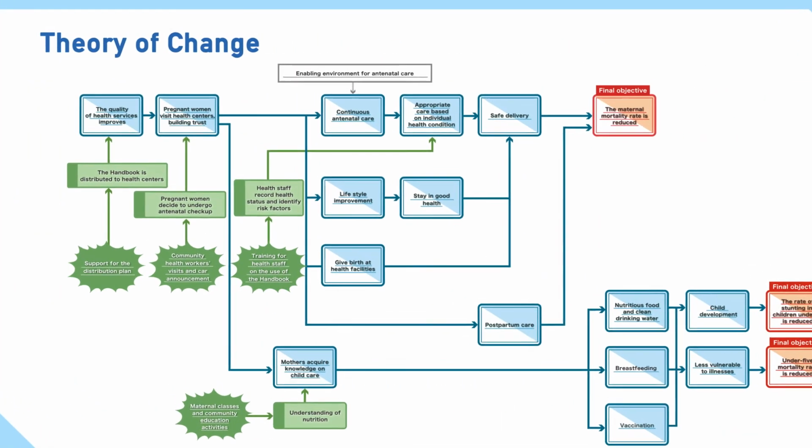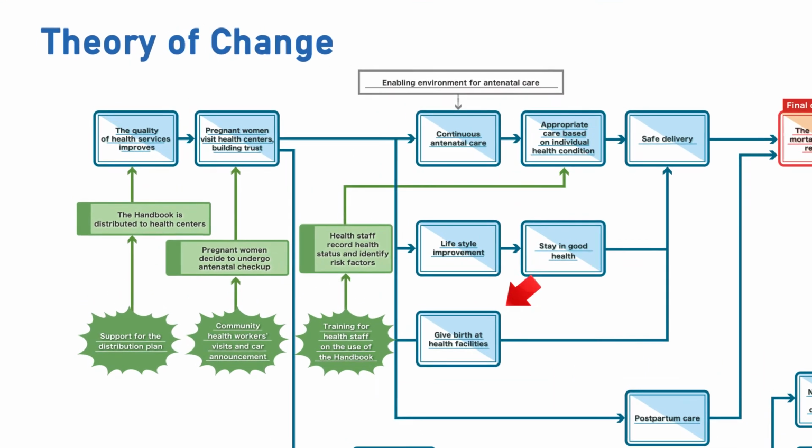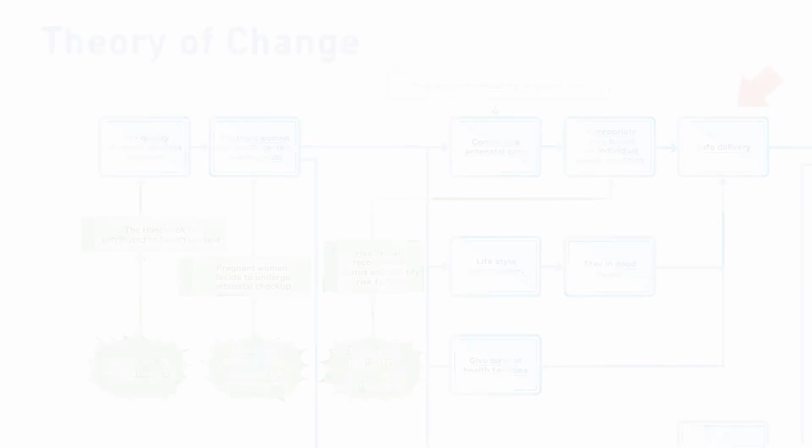Greater trust in the health staff results in more pregnant women deciding to give birth in health facilities. All these processes lead to safe childbirth. It's been also reported that as a result of pregnant women receiving the Maternal and Child Health Handbook, their husbands tend to understand better and get more interested in pregnancy and childbirth.